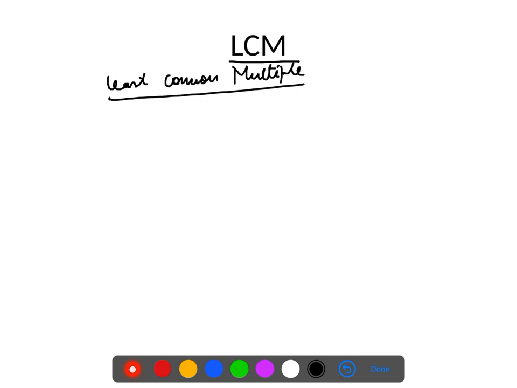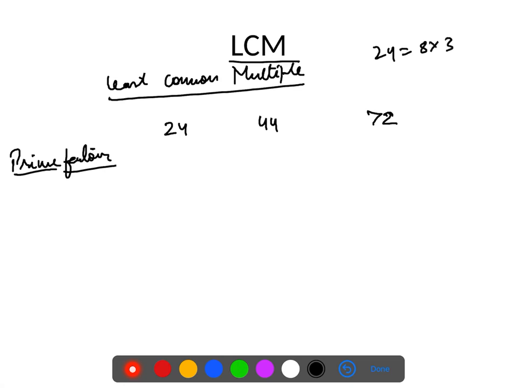Let's take a few numbers, 24, 44, 72, three numbers randomly. We'll see how we calculate the LCM of all the numbers. First, we need to break the numbers into prime factors. For example, 24 can be written as 8 into 3 or 6 into 4, okay?